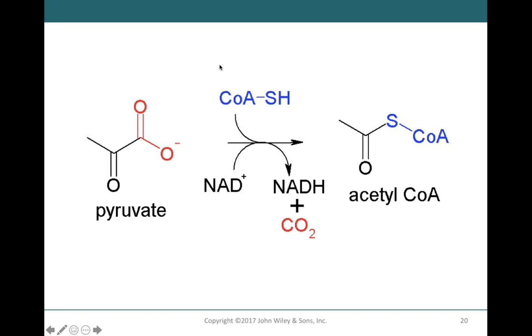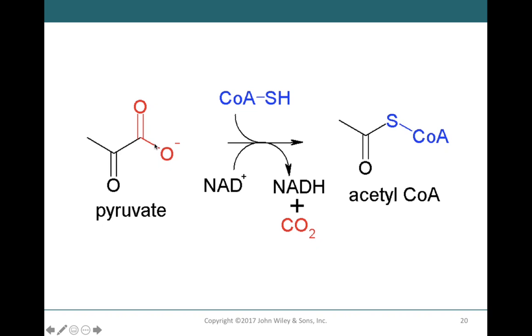And so we're going to take this CoA group and attach this onto our ketone, and that's going to make acetyl coenzyme A. But what happened here? We also had NADH. That's going to pick up those electrons in the hydrogen here, which is going to give us NADH, which will be used later to produce lots of ATP. This molecule right here is going to be CO2, so this is where CO2 comes from.